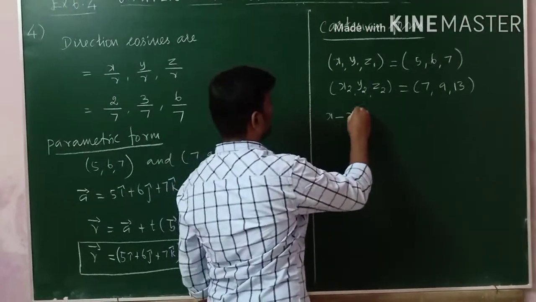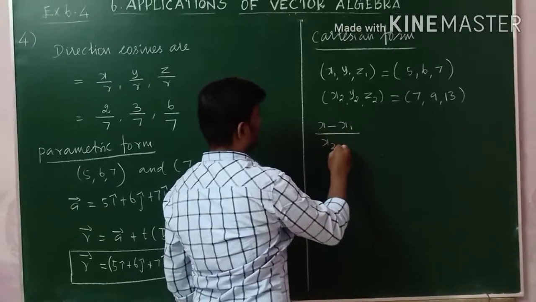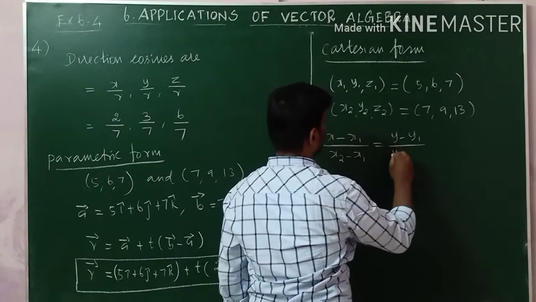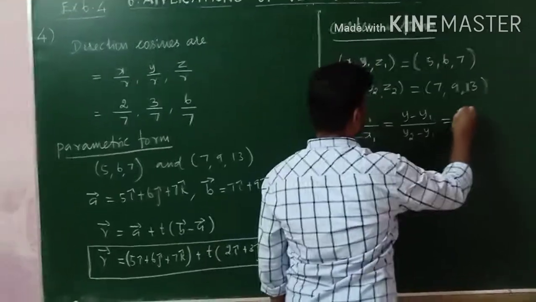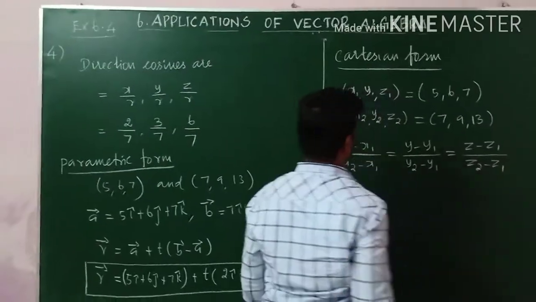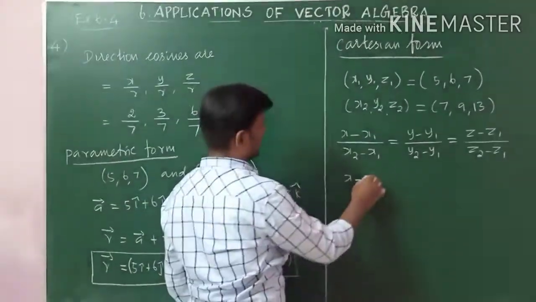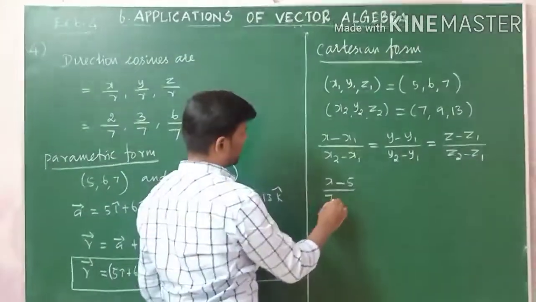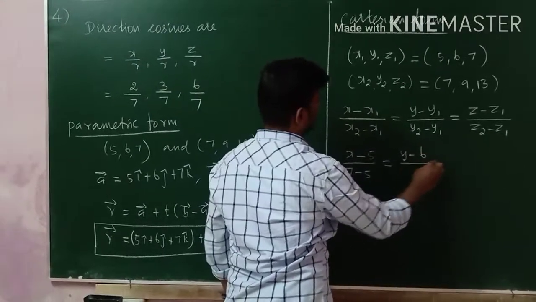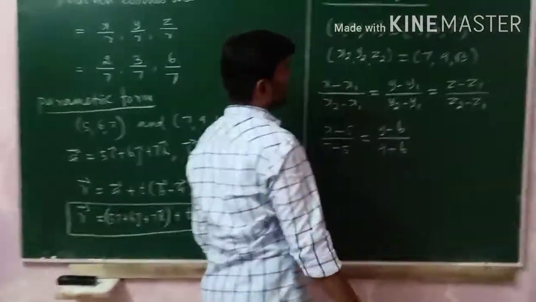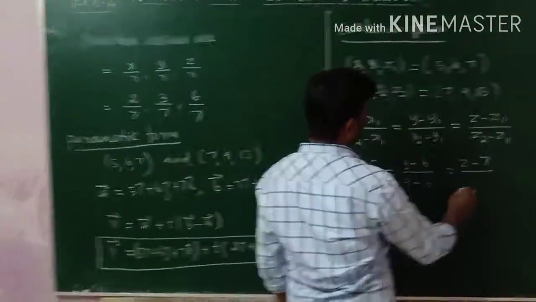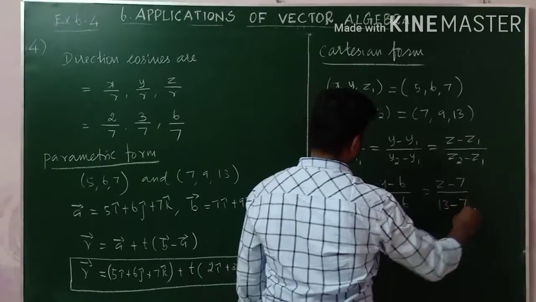So what is the equation? x minus x1 by x2 minus x1 is equal to y minus y1 by y2 minus y1 is equal to z minus z1 by z2 minus z1. So x minus 5 by 7 minus 5, y minus 6 by 9 minus 6, z minus 7 by 13 minus 7.